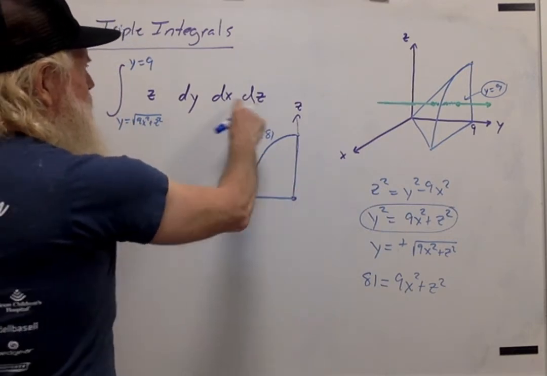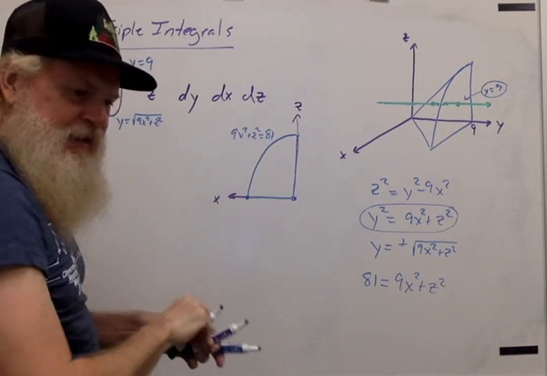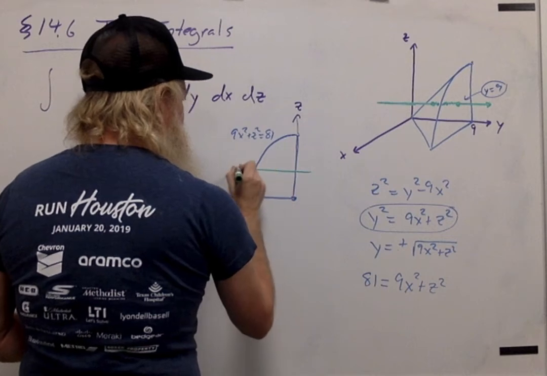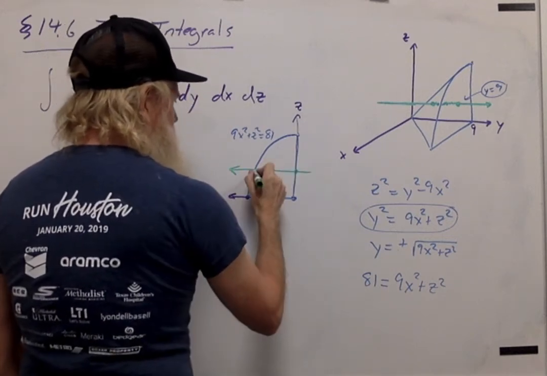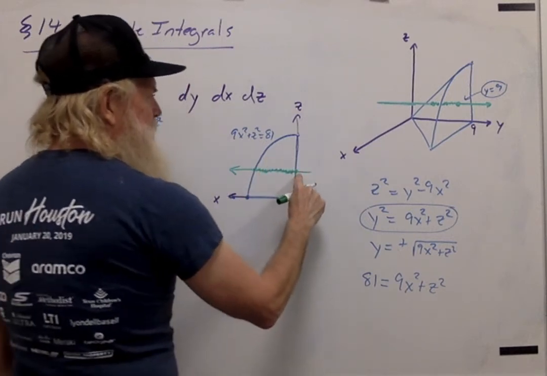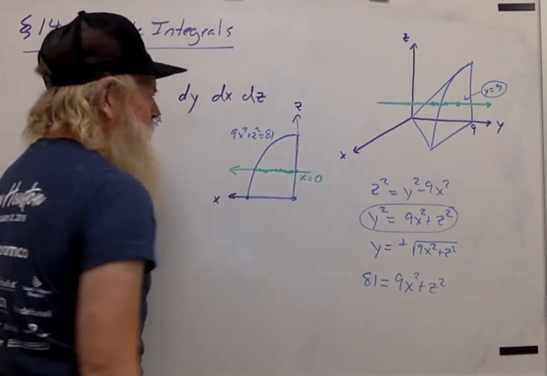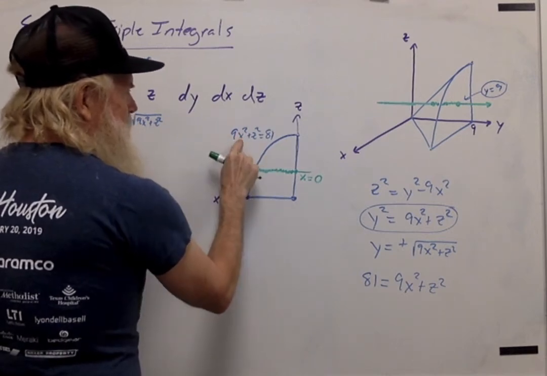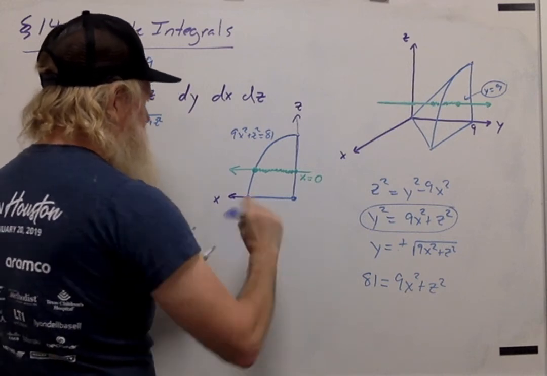So now let's set up the bounds for x and z using this picture. Since I have x next, let's send a line segment through here, parallel to the x-axis. So from the way I've oriented it, I'm going from right to left. Over here, I have the z-axis, which has equation x equals 0. And this point, where I exit, is going to be on this ellipse. So let's solve for x in that equation.